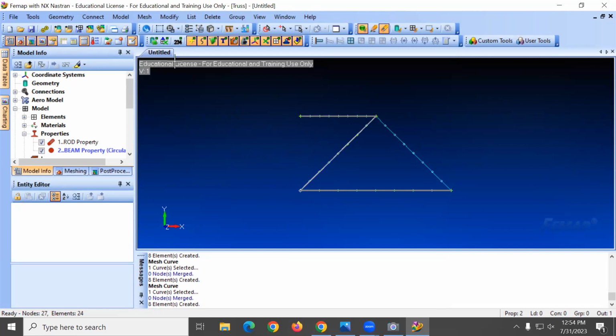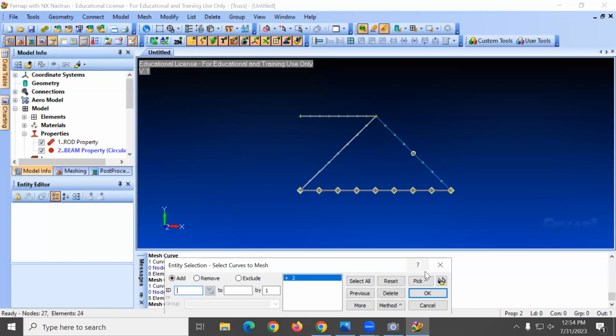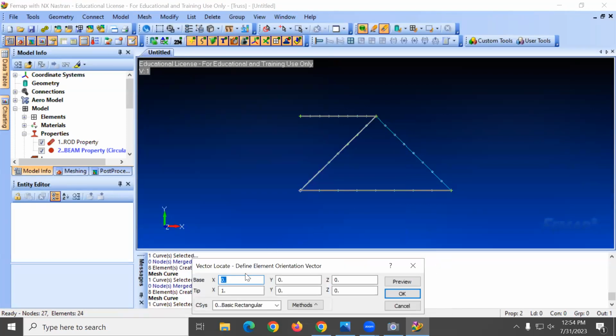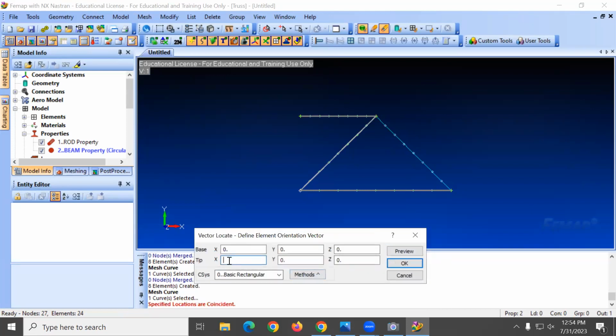And now we do the same thing with this one, mesh geometry curve. So now we have what? Both negatives, no? I think we'll do it. Both positive for this one? Oh yeah, because it will go to the right. So let's see, preview, oops. 1 and 1, preview.